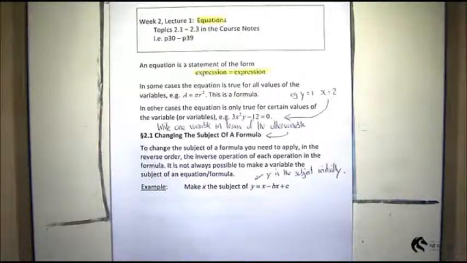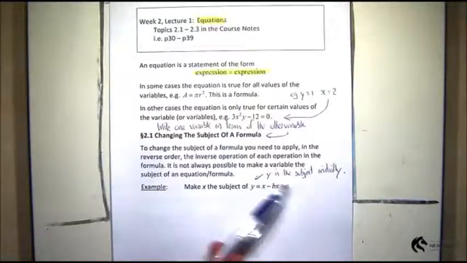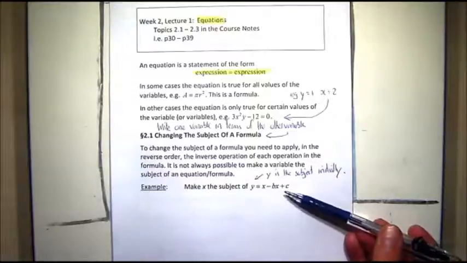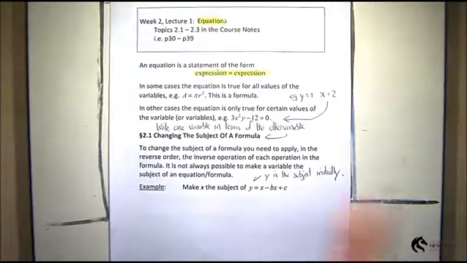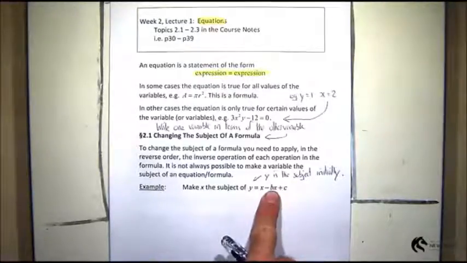And what it says to do is you need to do the inverse of each operation sitting in here. So think to yourself, if I were to substitute the value for x in here and evaluate it, what do I have to do? Well, I'd substitute x in, then I'd multiply by b here. I have to do the multiplication first.